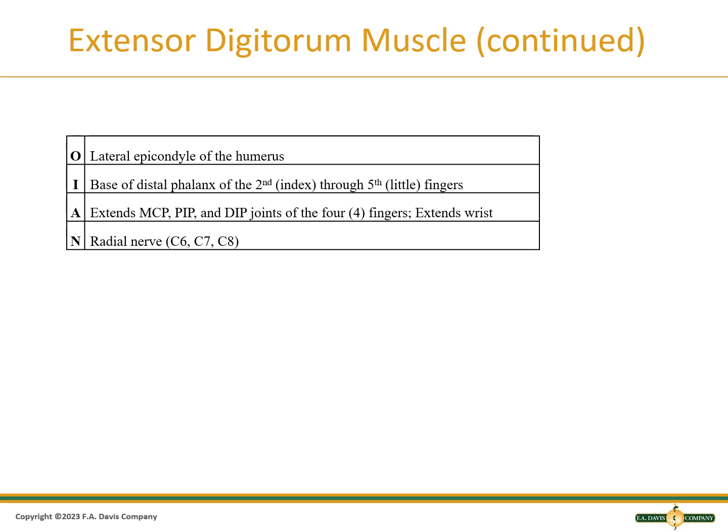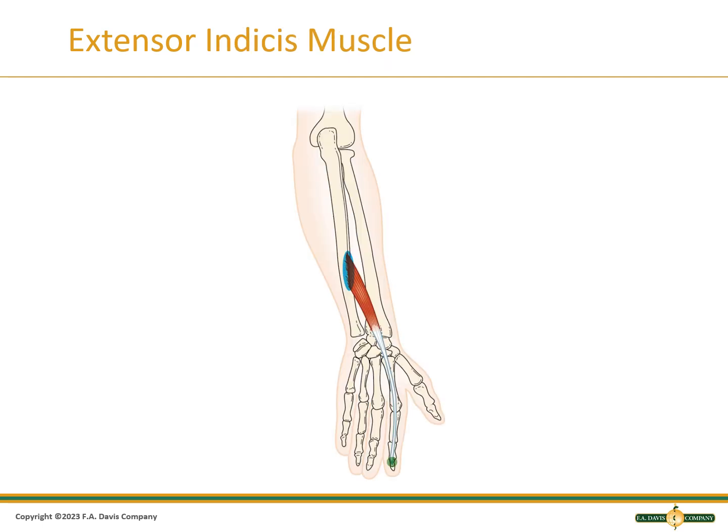Because it inserts at the distal phalanx, it's going to affect all three joints of the fingers. So we extend at the MCP, PIP, and DIP joints of those four fingers, but it also crosses the wrist, so it contributes to wrist extension. It is an extensor muscle, so it's going to be located on the posterior aspect of the arm, and so it is going to be innervated by the radial nerve.